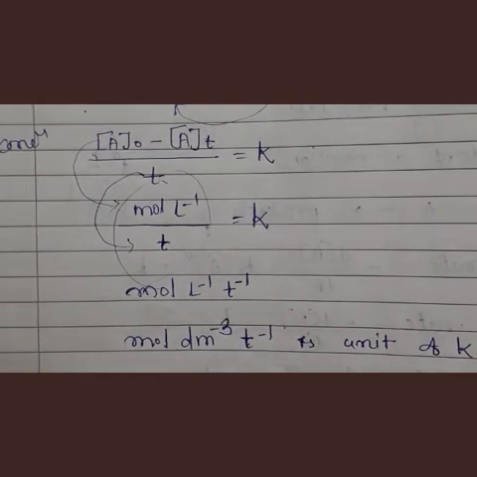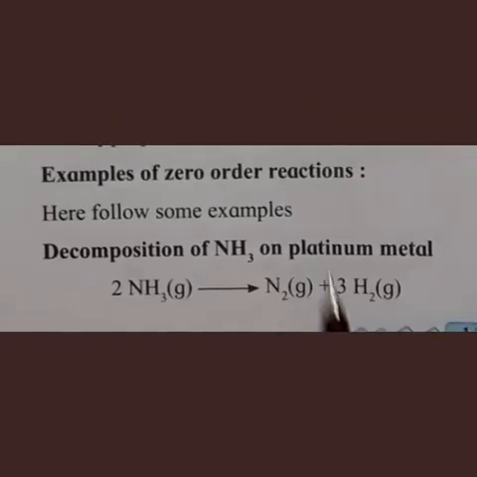Let us see some examples of zero order reaction. Decomposition of NH3 on platinum metal. Here you can see two molecules of NH3, ammonia gas, which will give you one molecule of nitrogen gas plus 3 molecules of hydrogen gas.